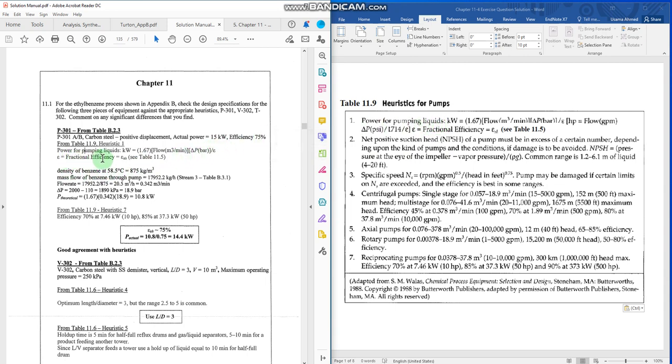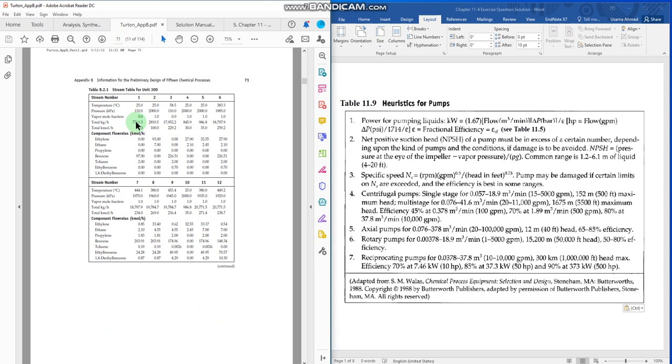Fractional efficiency is given here, 75%. Density of benzene, you can find it from the literature, it is 875 kg per meter cube. Then the mass flow rate of benzene through the pump. Now we have to calculate the mass flow rate of the benzene through the pump. So we are provided the stream information in the table 2.1. So you would go back to this appendix and you would see table 2.1.